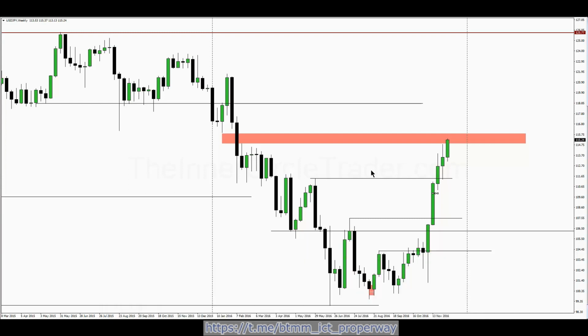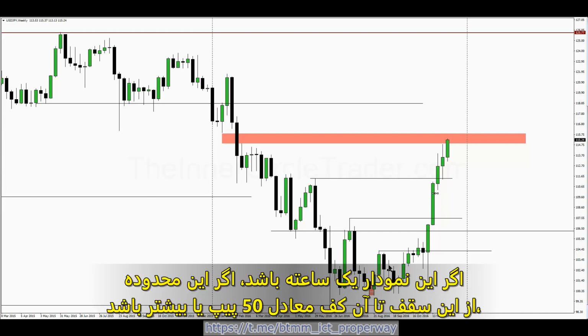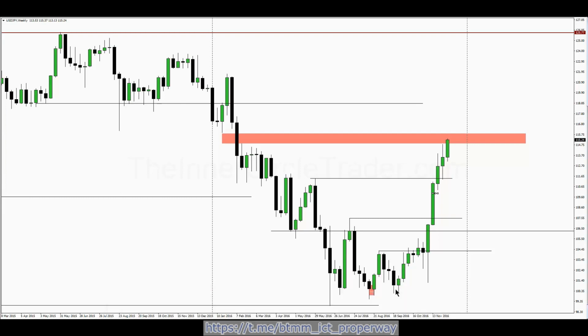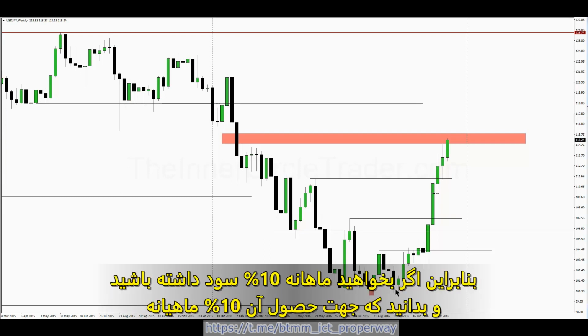In other words, if you have a price impulse swing like this, and say this was an hourly chart, this range would be from this high down to that low. If that was 50 pips or more, that would be a wonderful opportunity for your classic 50 pips or more setup. So if you have a weekly objective, let's just say you've done the numbers and worked it out where you want to make 10% a month.